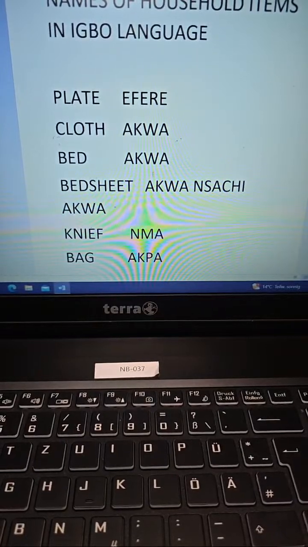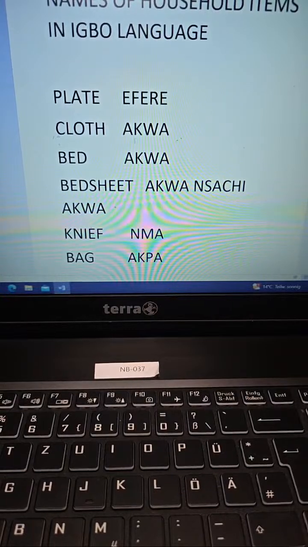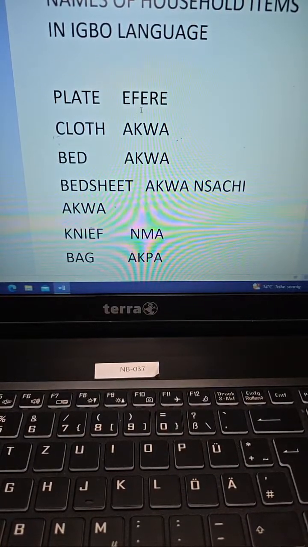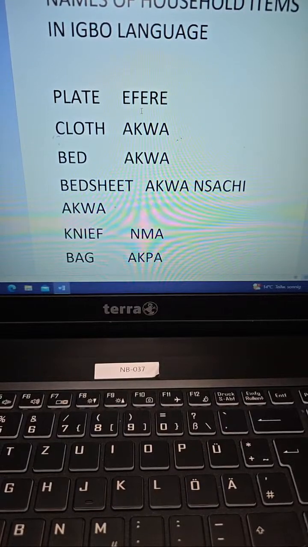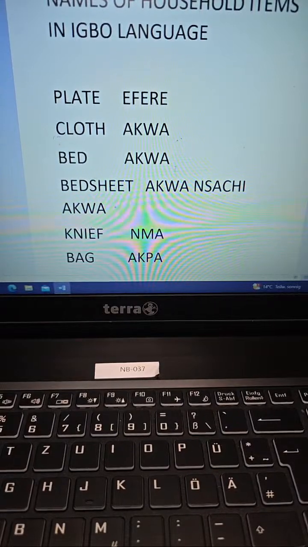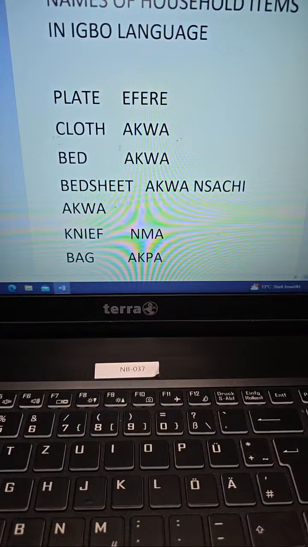You can see these two words look alike, but their pronunciations are different. For clothes, akwa, the two A's go up. But for the bed, akwa, the two A's come down.